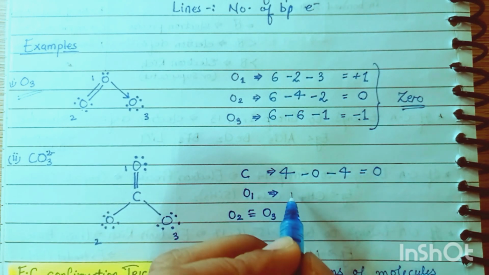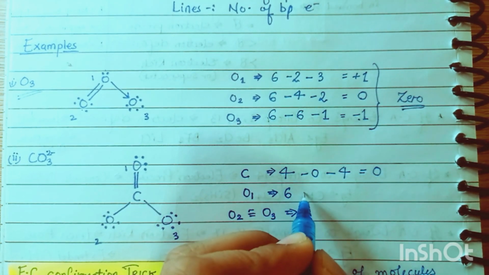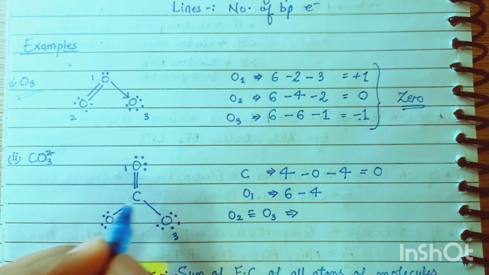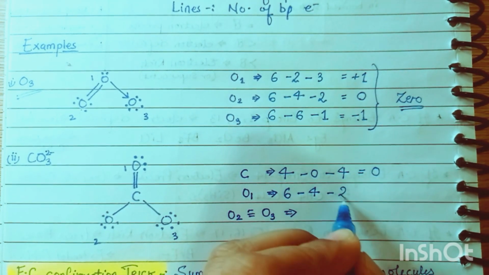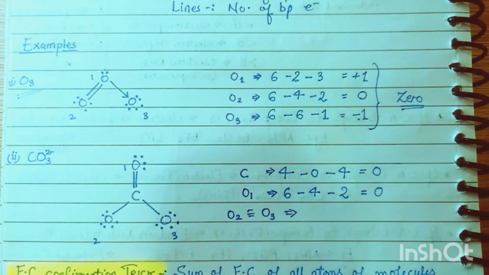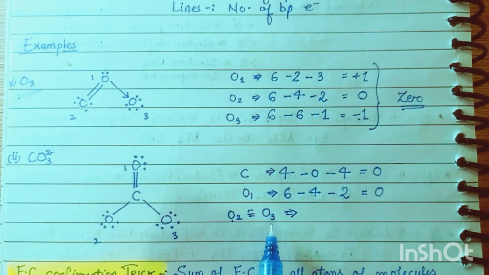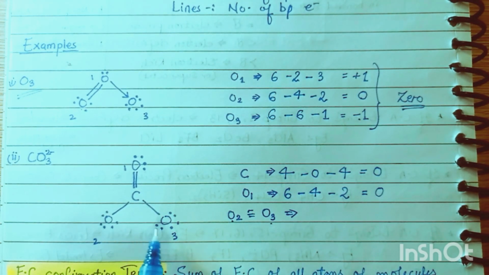How many valence electrons does oxygen have? 6. How many dots? 4. How many lines? 2. What is the charge? 0. And oxygen 2 and oxygen 3 atoms are both identical. So we can calculate the formal charge of one, and the other has the same value.